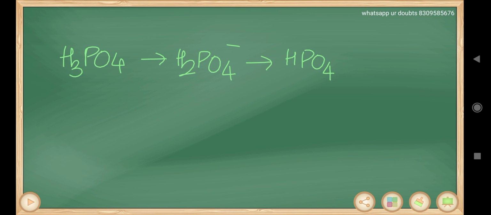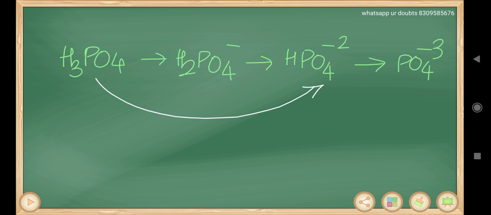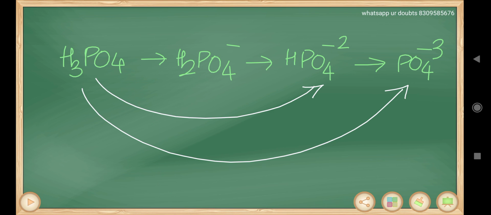One more example you see, H3PO4 converted to H2PO4 minus, converted to HPO4 minus 2, converted to PO4 minus 3. See carefully. Here molecular mass by 1 because 1 proton is lost.